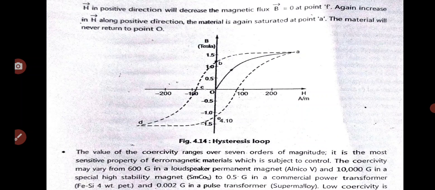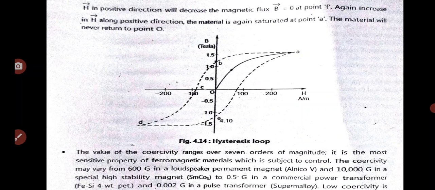If the magnetizing intensity H is further increased in the negative direction, as shown in the graph, traveling from point C to point D, then at that negative value of H the material will again be magnetically saturated, but in the opposite direction.